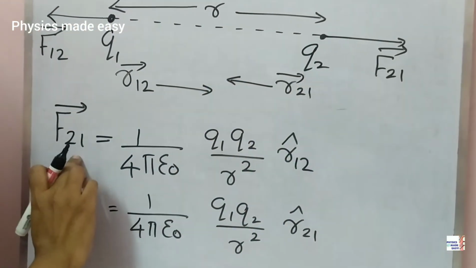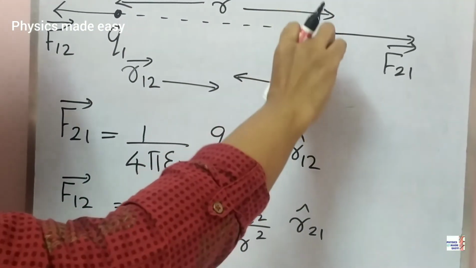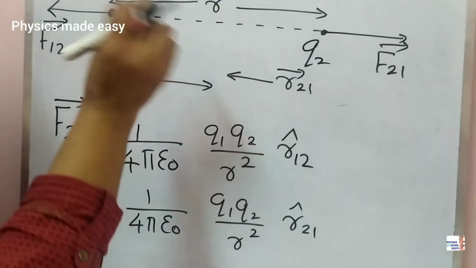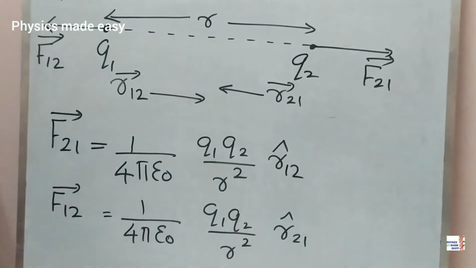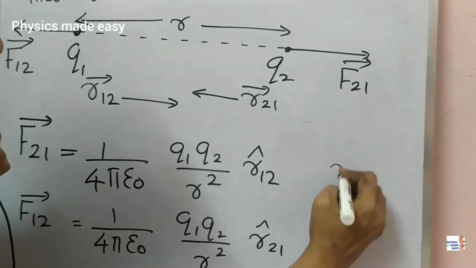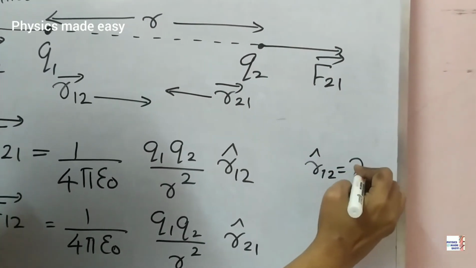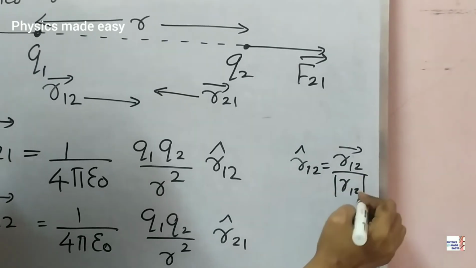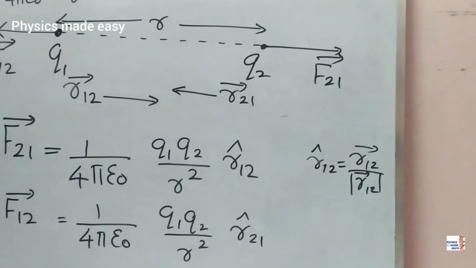Here the force is applied on Q2 by this Q1, but the unit vector is from Q1 to Q2. So we can write this expression this way. Now this unit vector R12, how can we write? R12 divided by the magnitude of that vector. This is a unit vector.